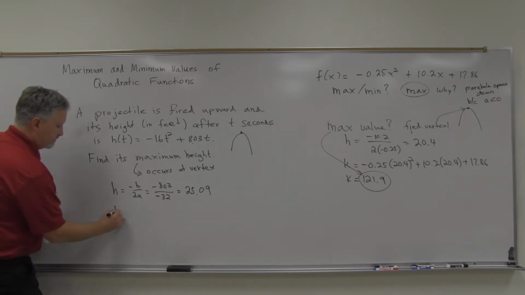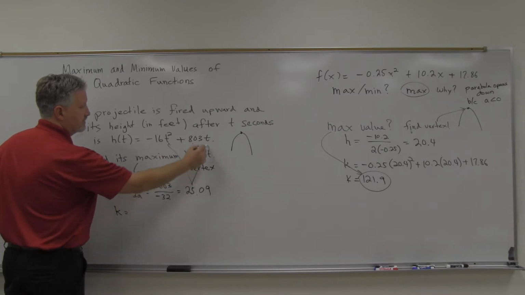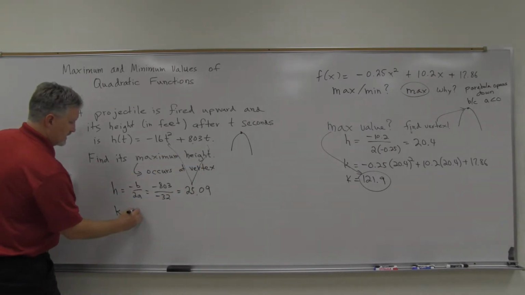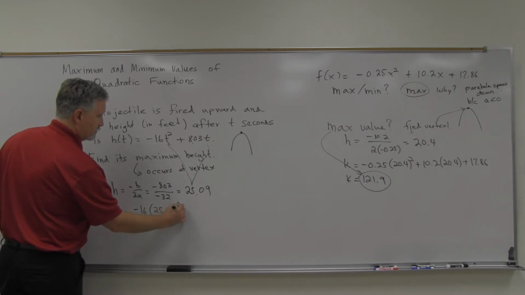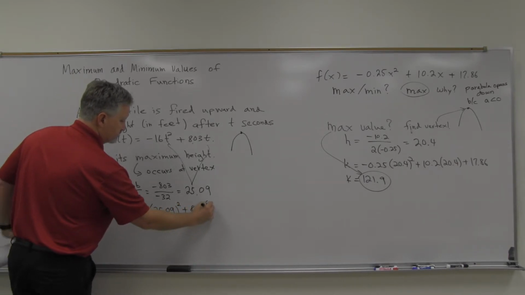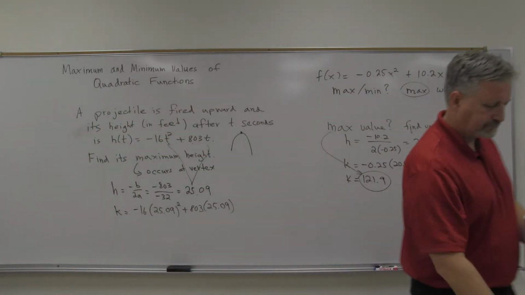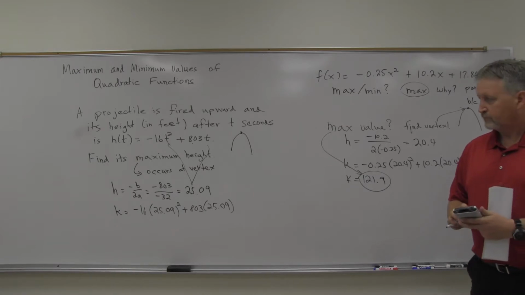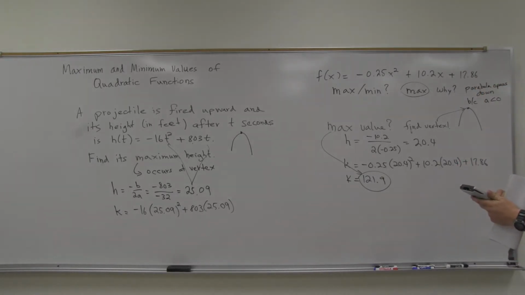So then the k, plug that in. In this case we've got x instead of t, so that would be going in for t. So it's negative 16 times 25.09 squared plus 803 times 25.09.